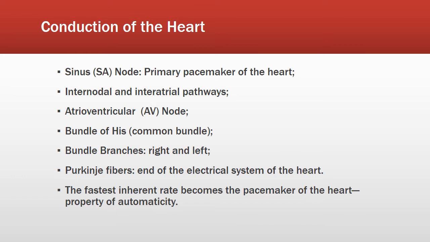The left bundle branch is anterior and posterior fascicles. Purkinje fibers is a network of fibers extending to all ventricular muscles. It's the end of the electrical system of the heart. The fastest inherent rate becomes the pacemaker of the heart, which is usually the SA node. This is a property of automaticity.